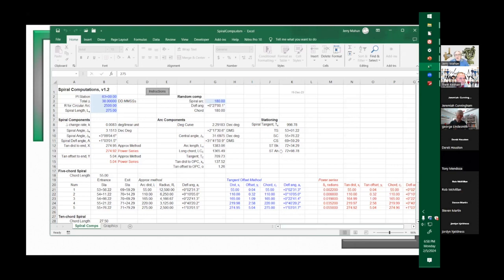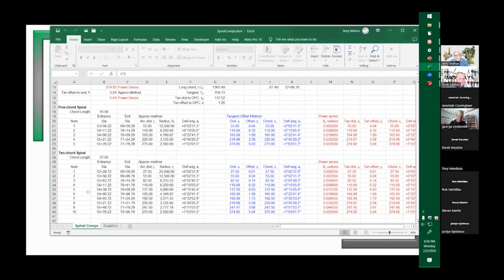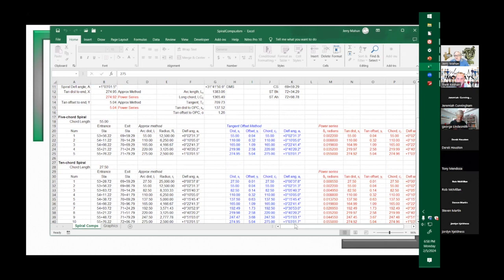It then computes, by the approximate, tangent offset, and power series methods, the deflection angle and arc distance. It does it for a 5-chord spiral and for a 10-chord spiral. You could take the problems we were working on tonight, put them in there, and it will give you the answers. Let me look at this 5-chord spiral one, for example.